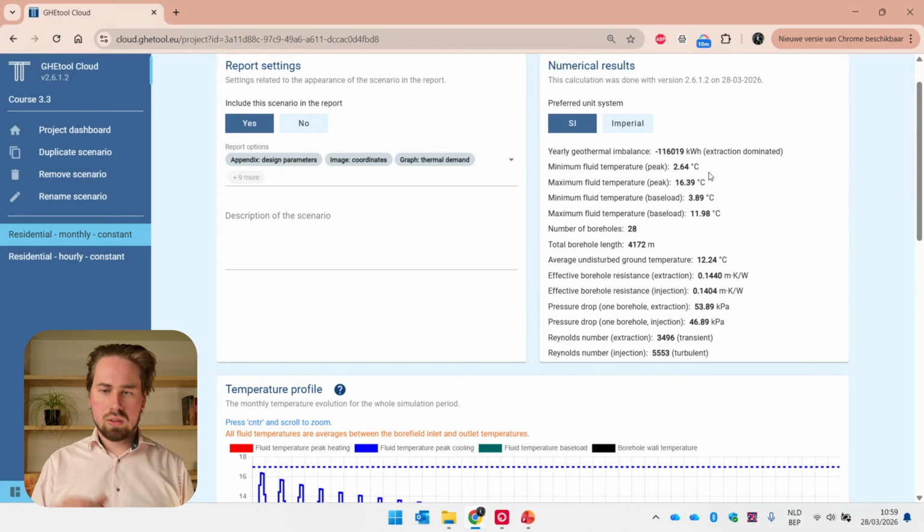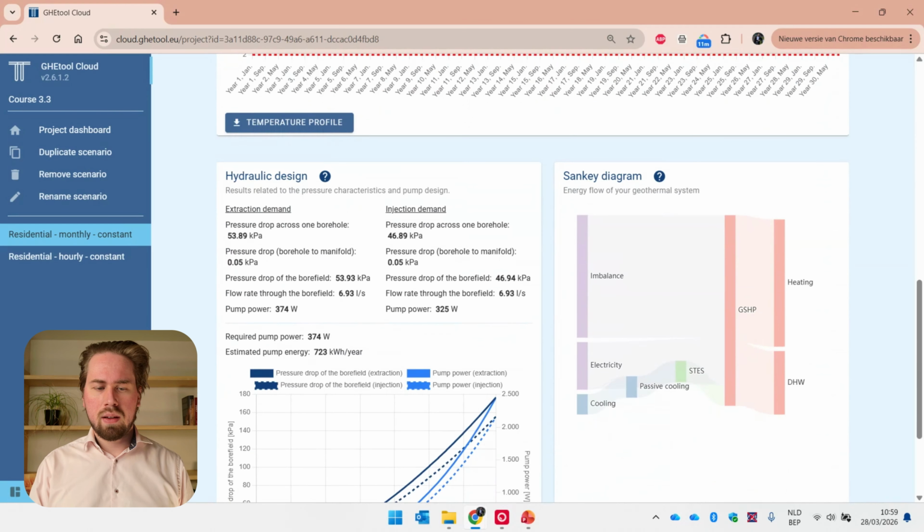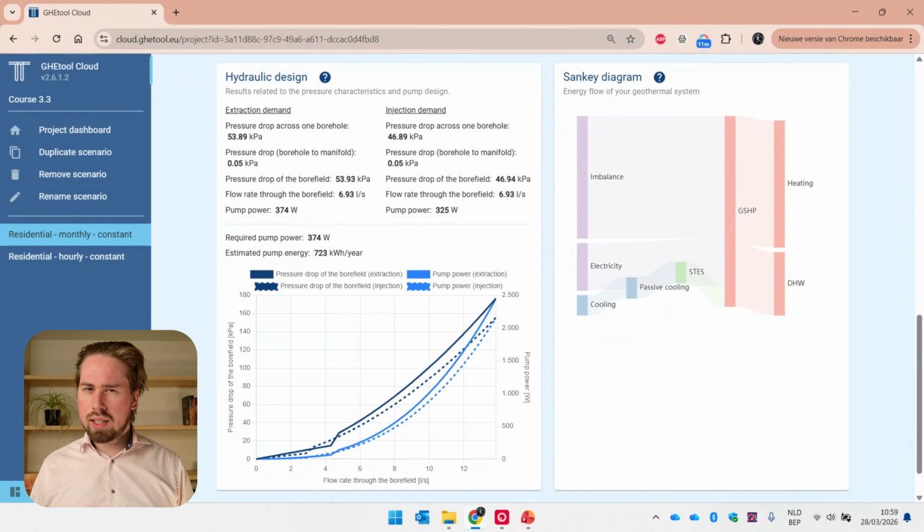We are above the 2 degrees with 2.6 and below the 17 with 16.4. So actually it's even a little bit oversized, one can argue, but it's actually designed accurately. I will come back to the hydraulic design in the next part, but just to illustrate, we have here a flow rate of 6.93 liters per second in both injection and extraction.